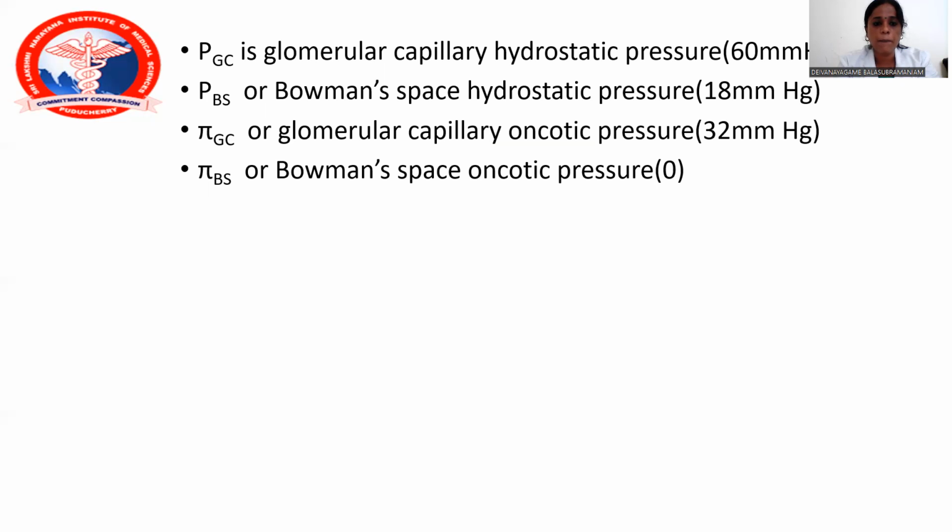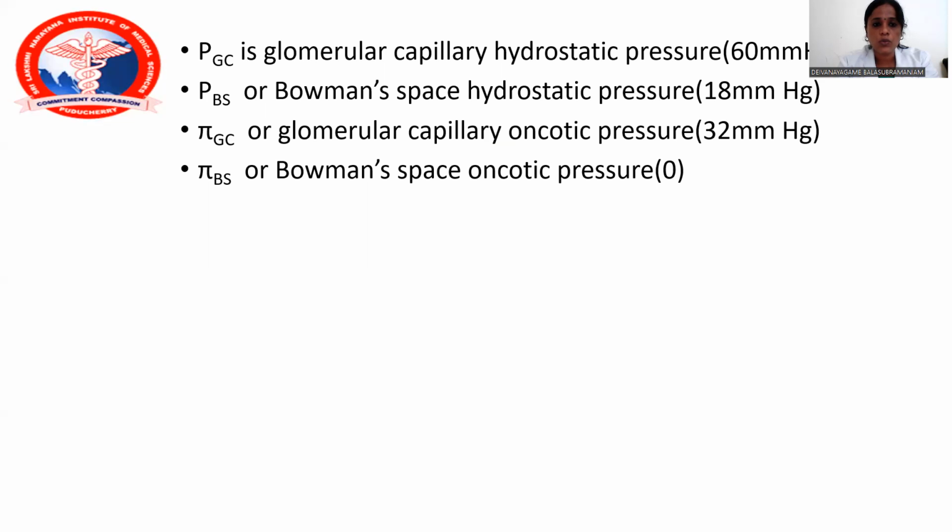Pi GC, the glomerular capillary oncotic pressure, is around 32 millimeters of mercury. And pi BS, the Bowman space oncotic pressure, is around 0, because the filtrate present in the Bowman space does not have any protein. So the value is 0.